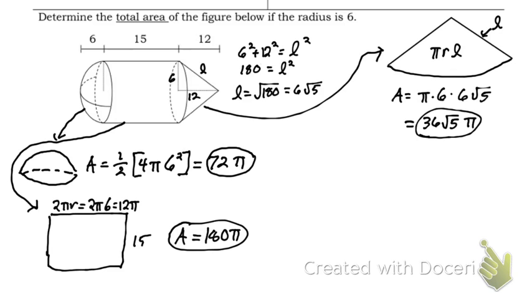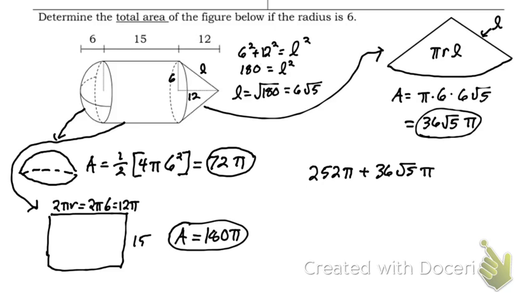All right, now we're going to add as best we can. So I could straight up add 72 pi and 180 pi to give me 252 pi. Then we're going to add 36 square root of 5 pi. Now, although I can't directly add these two, I can factor out a pi out of both of them.